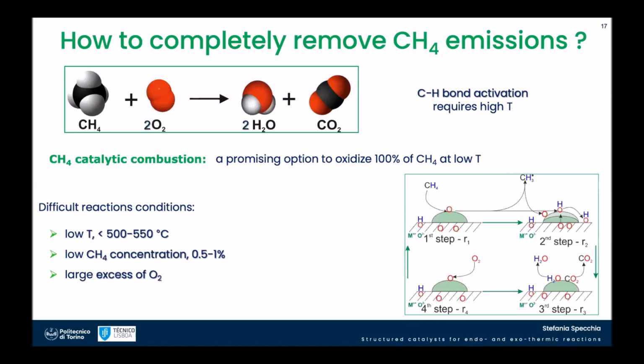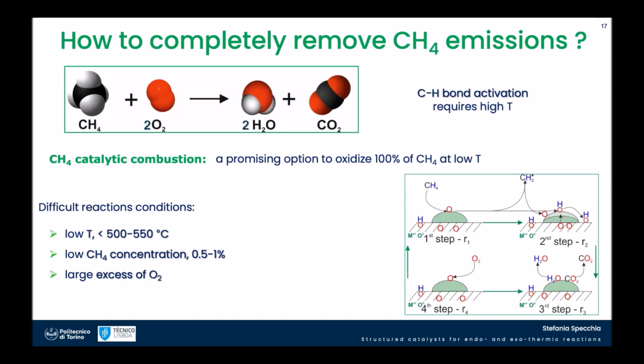So here we can remove methane by combustion, but since the concentrations are very low, usually below 1%, we are below the explosion limits, and also the excess of oxygen is huge. We need to use the catalyst to promote the combustion of these very low concentrations of methane.